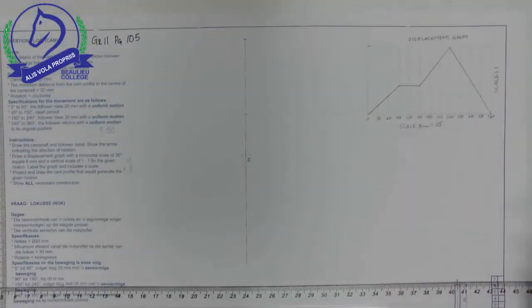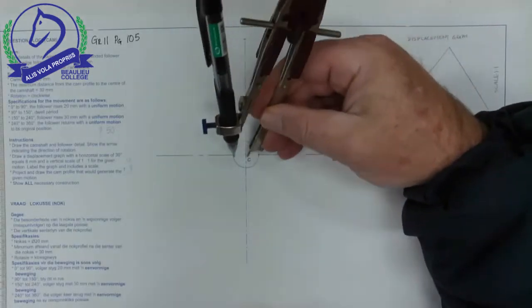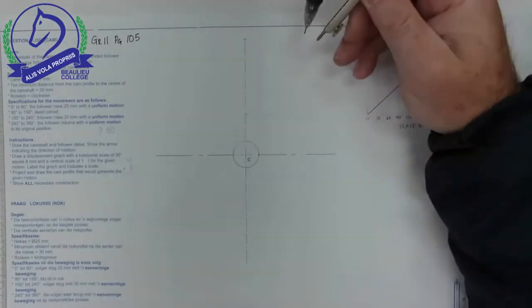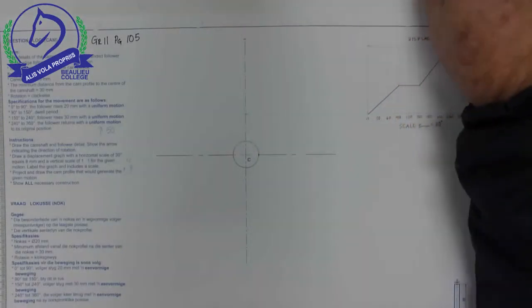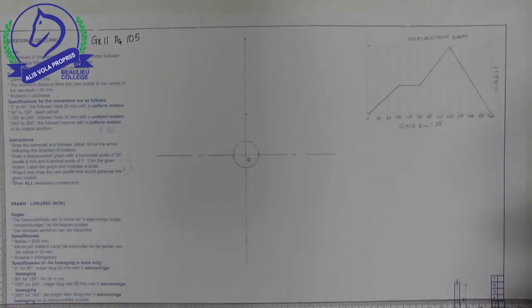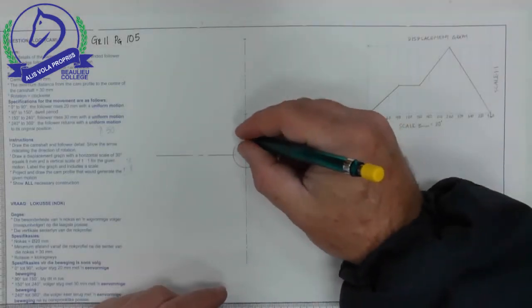Let's move back here and draw our follower and the camshaft. They said that that camshaft had a diameter of 20. I've just drawn that. Remember, here's the perfect time for you to use your circle stencil. We need to label the direction. They said that the direction was clockwise.